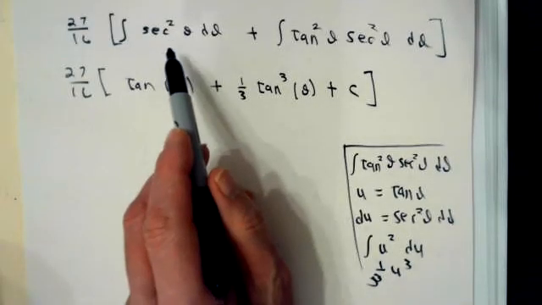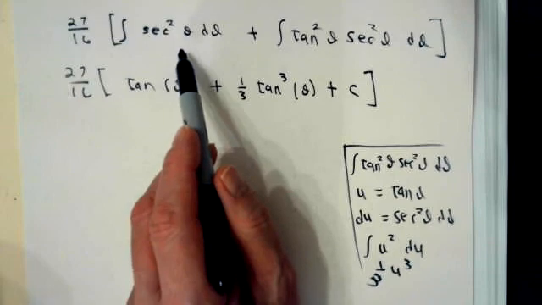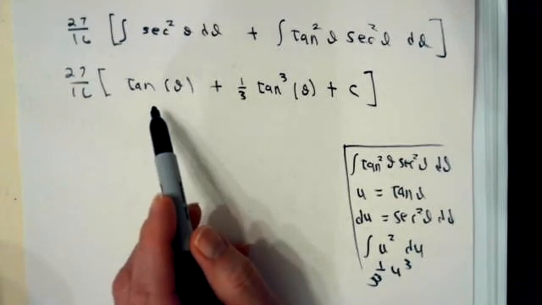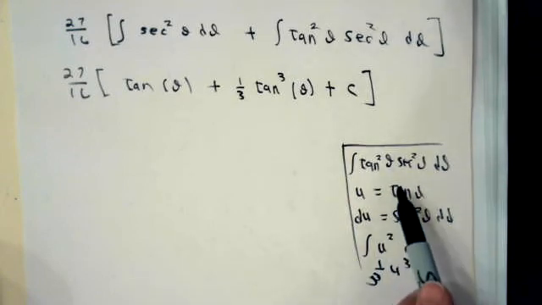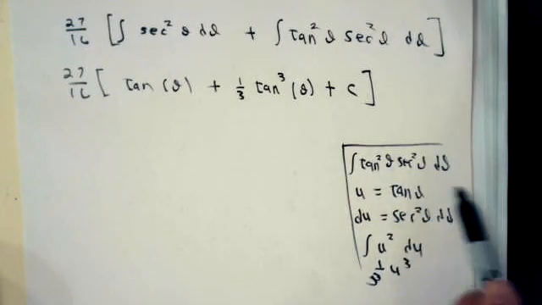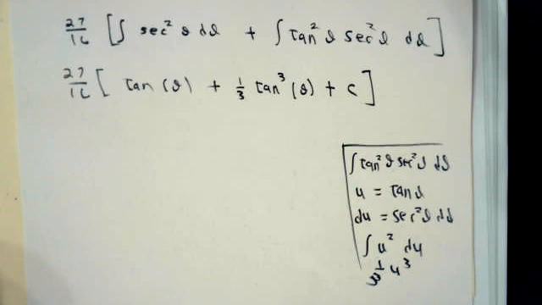So the antiderivative of secant squared theta d theta is tangent theta, and to deal with the rest of this, the integral of tangent squared theta secant squared theta d theta can be done by letting u equal tangent theta. Du d theta is secant squared theta. Du is secant squared theta d theta.